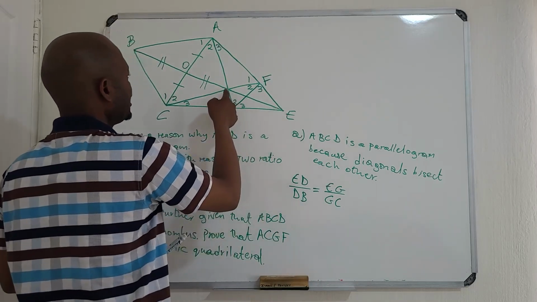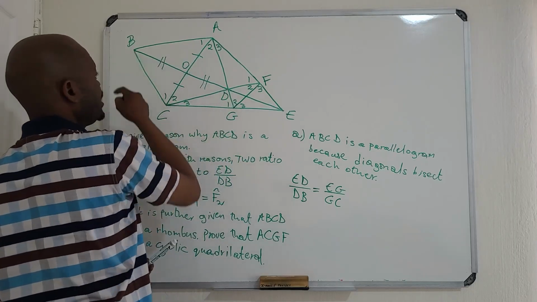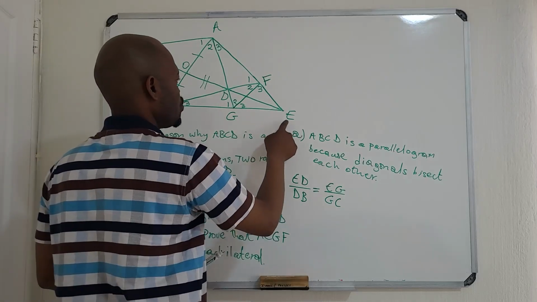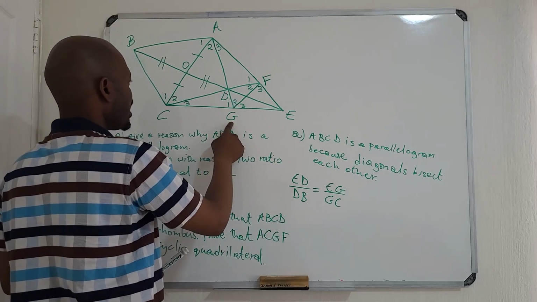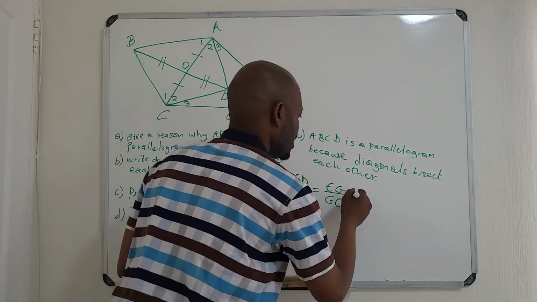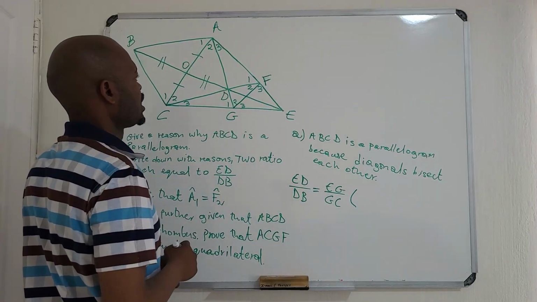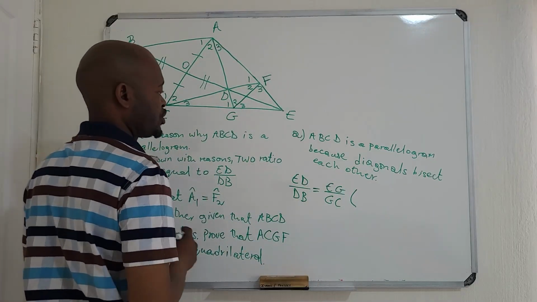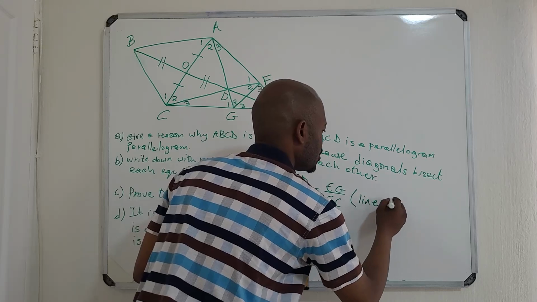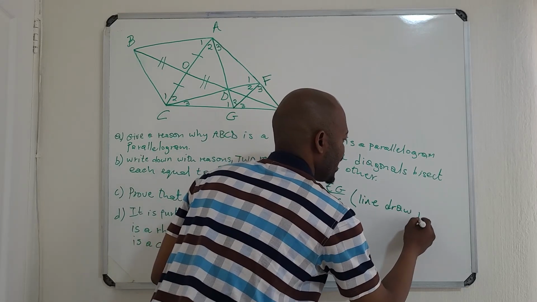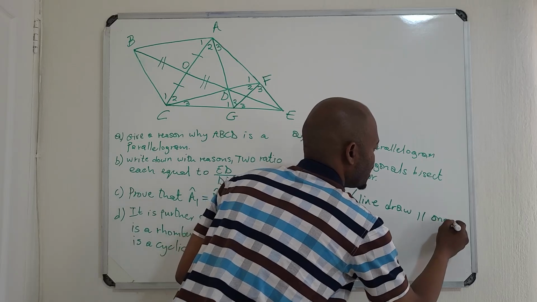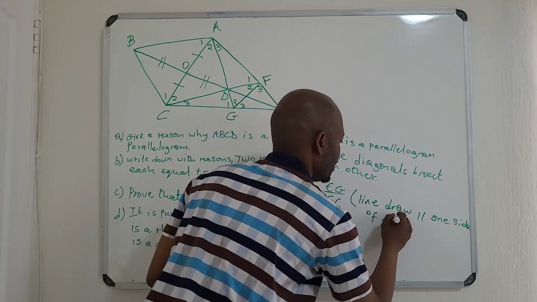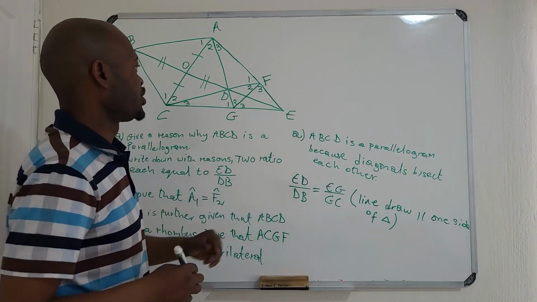The reason for this is that DG is a line drawn parallel to one side of a triangle. That is why these two are equal.